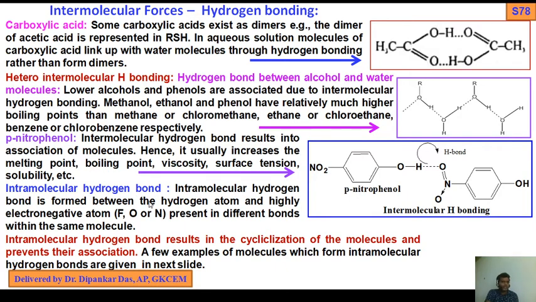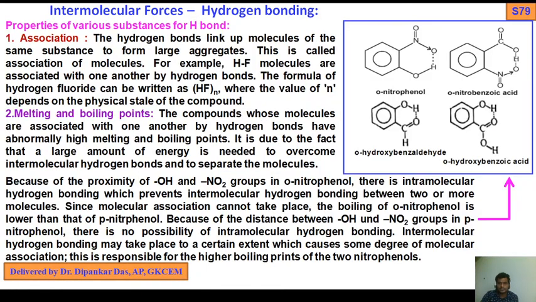Now intramolecular hydrogen bonding means within the molecule. Here you see, within the molecule: ortho-nitrophenol, ortho-nitrobenzoic acid with C double bond O, OH and NO2 group, ortho-hydroxybenzaldehyde with CHO, and ortho-hydroxybenzoic acid with C double bond O, OH.